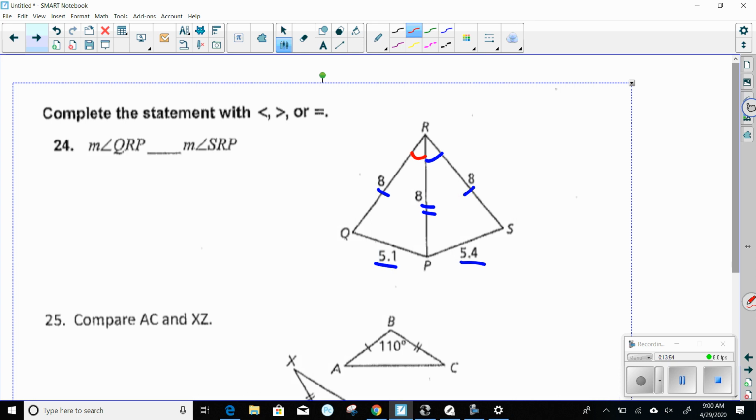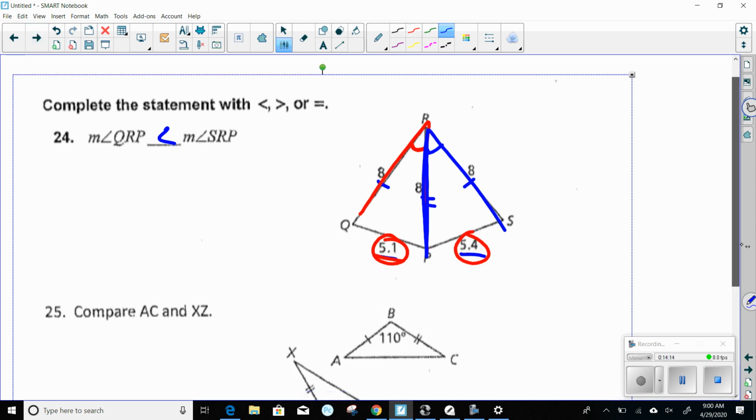So if you look at that, 5.4, let's see, QRP is that angle. It's opposite the 5.1. It's smaller. 5.1 is smaller than 5.4, so that angle has to be smaller than this angle over here. So we would say it is less than.